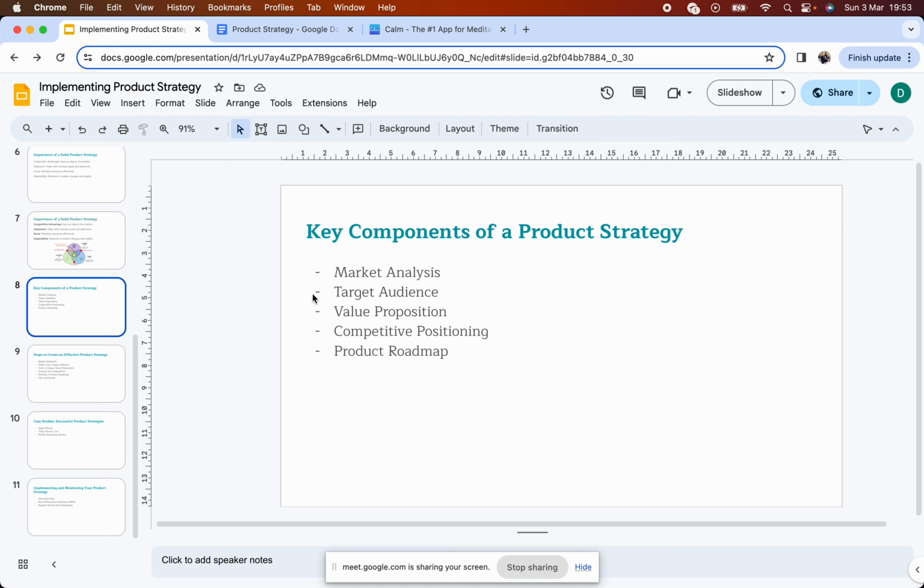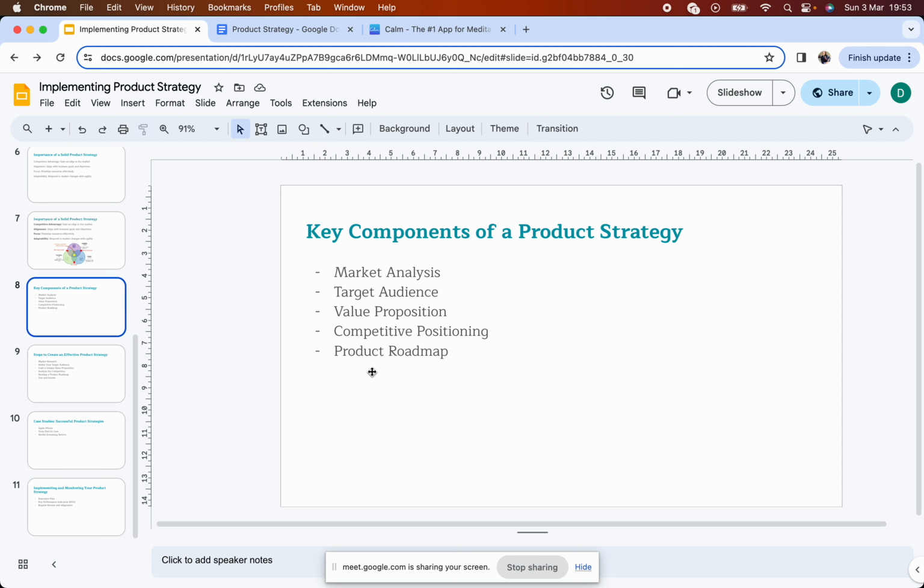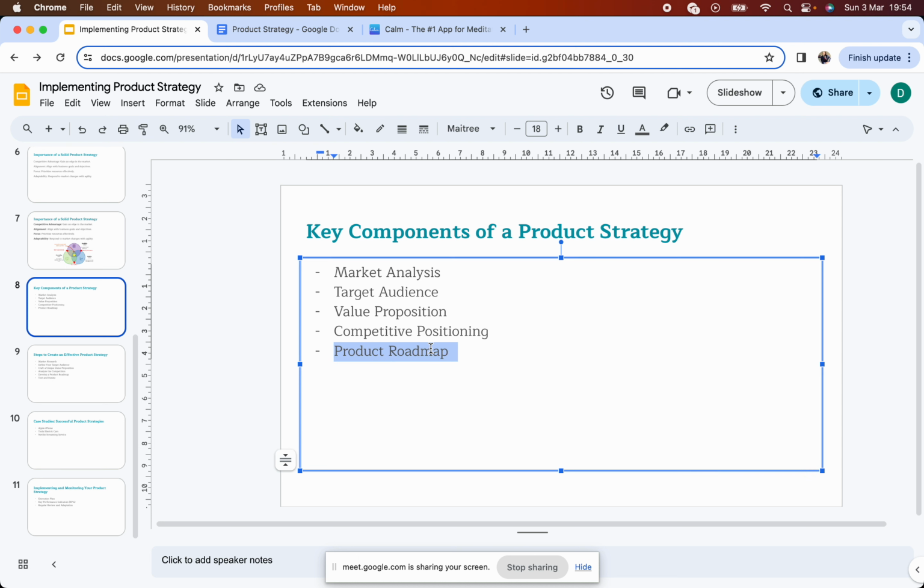So essentially at the end of it, you will send this to your business analyst and your engineering team. They will take this and do the implementation. So if they want help to understand your product roadmap, you set up a meeting where you take them through it and help them to understand.